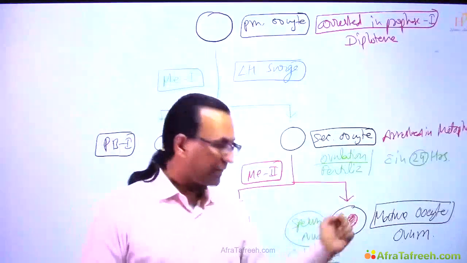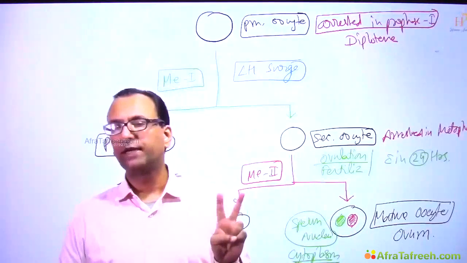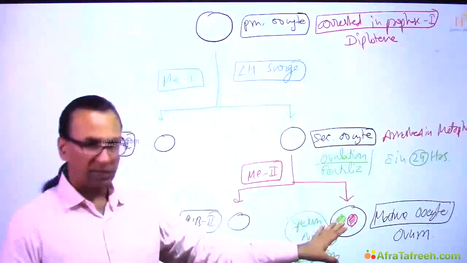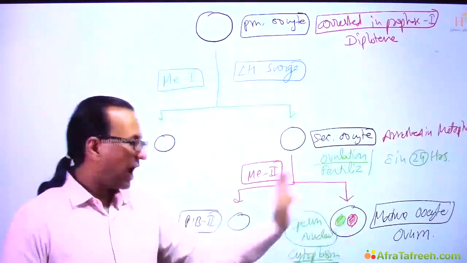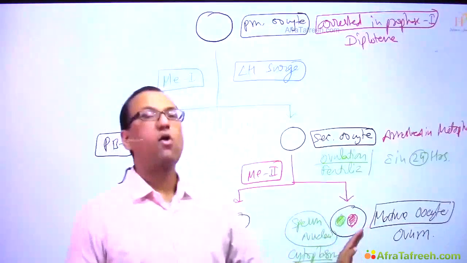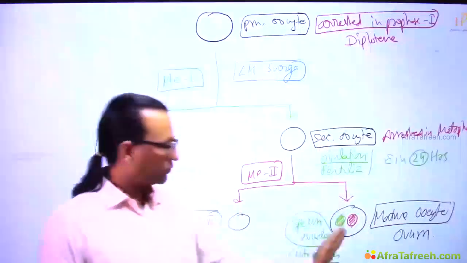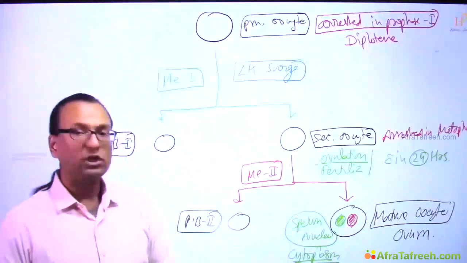Then you can call it as zygote having two nuclei, maternal and paternal nuclei, and then it becomes diploid. Half the chromosome will be given by father and half the chromosome are already with the mother, and they will become diploid. So this is what we have to talk about in more detail.